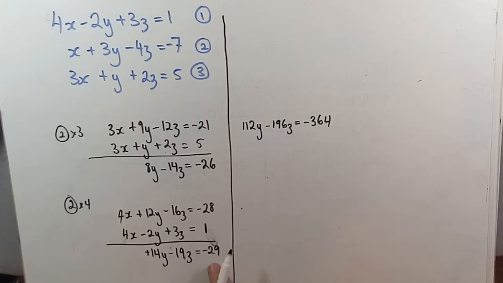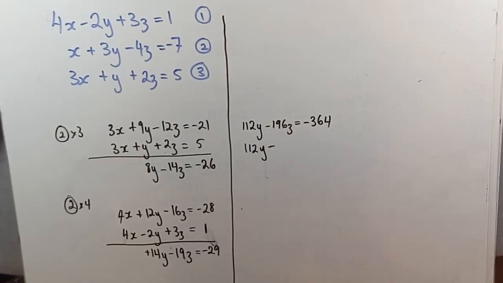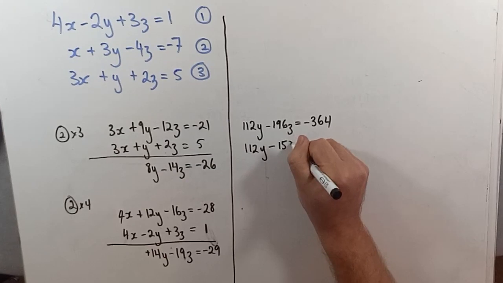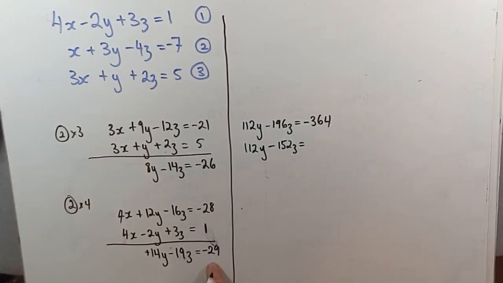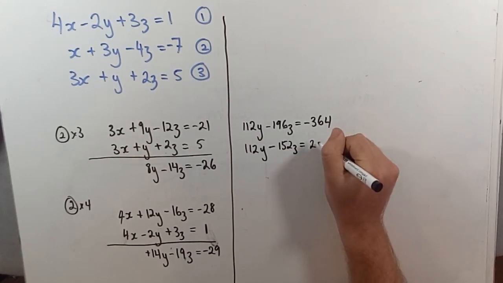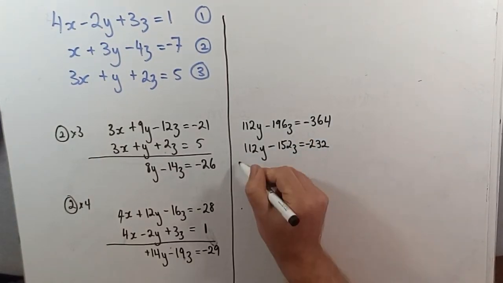And then I'm going to multiply this one by 8 to get the same y coefficients. So that's going to give me 112y, 19 by 8 is 152z, and 29 by 8 is 232, of course. There we go.